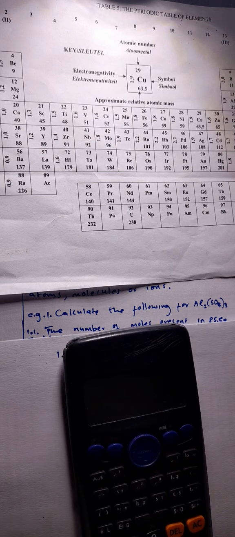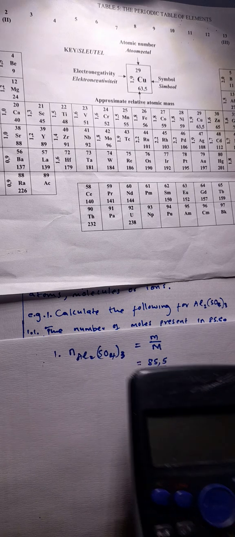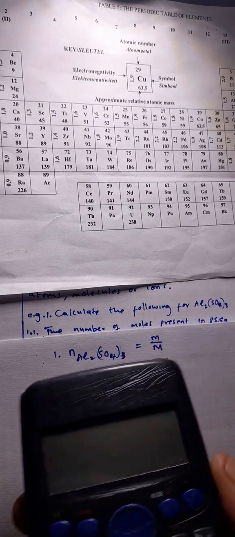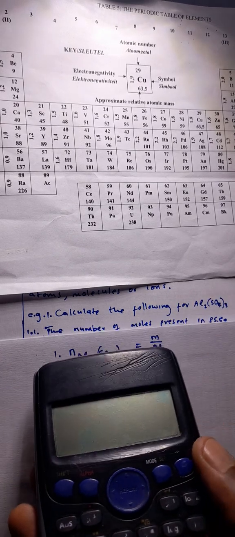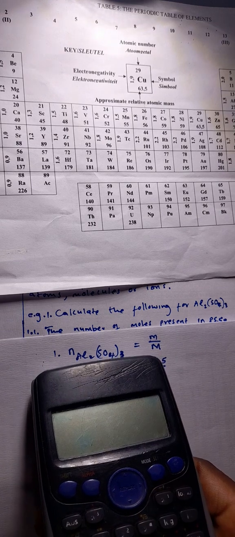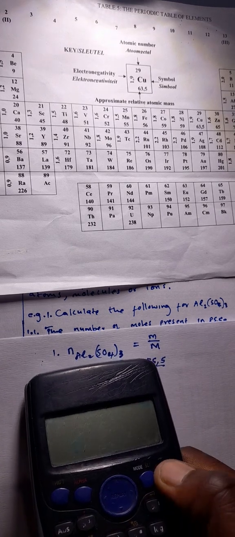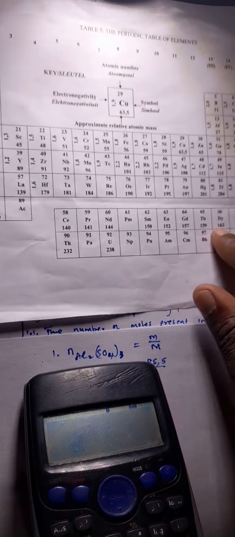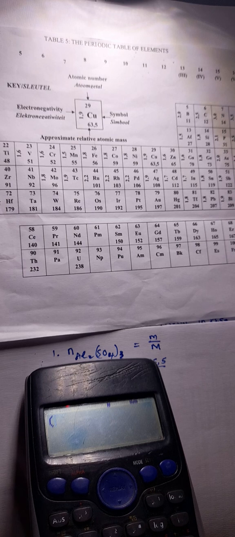So what are we going to do? I hope you guys can see here. You are going to say number of moles, molar mass. When I look at aluminium, where is aluminium? There is 27. How many atoms of aluminium do you have? There are 2.